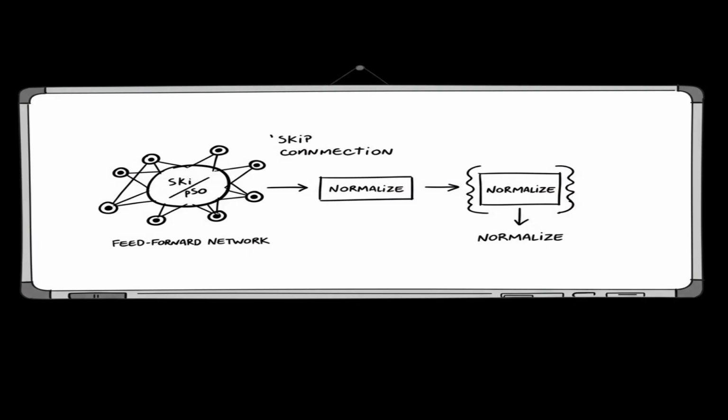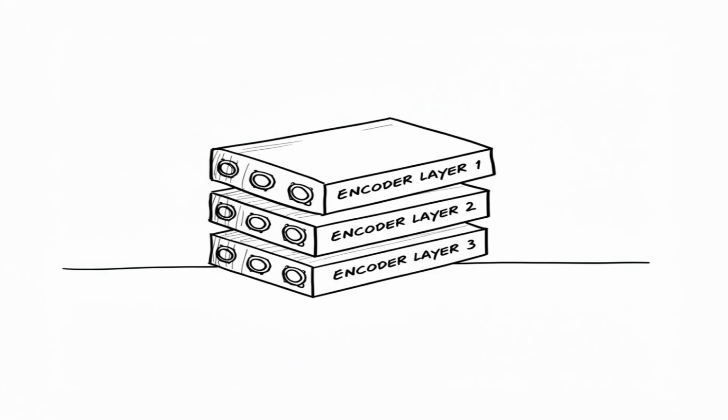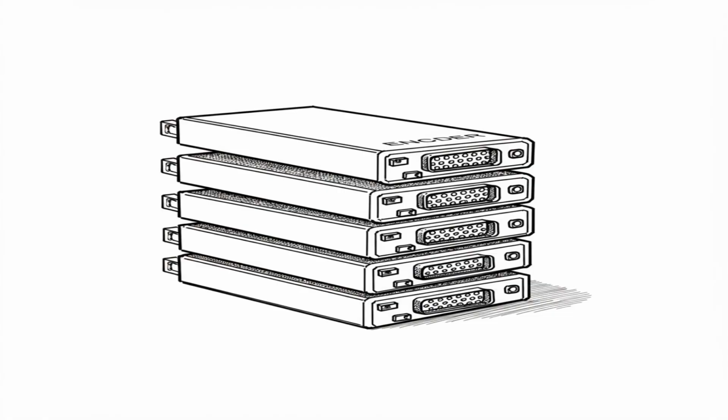And just like before, another residual connection and layer normalization are applied. A full encoder unit consists of these steps: multi-head attention, add and norm, feed forward, and another add and norm. Typically, the transformer stacks multiple identical encoder blocks on top of each other, allowing the model to learn increasingly complex representations.